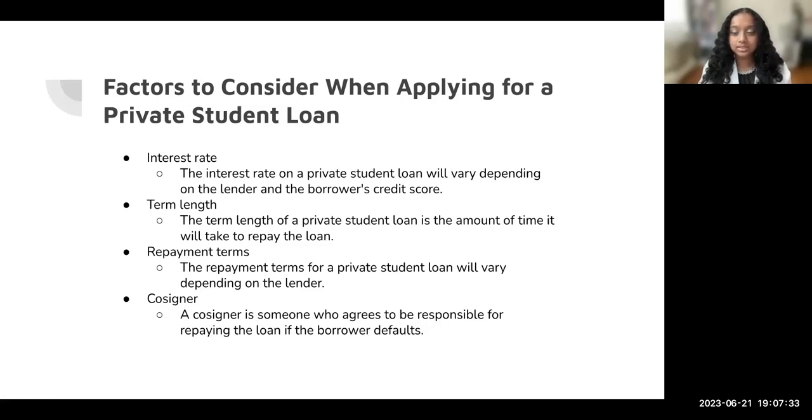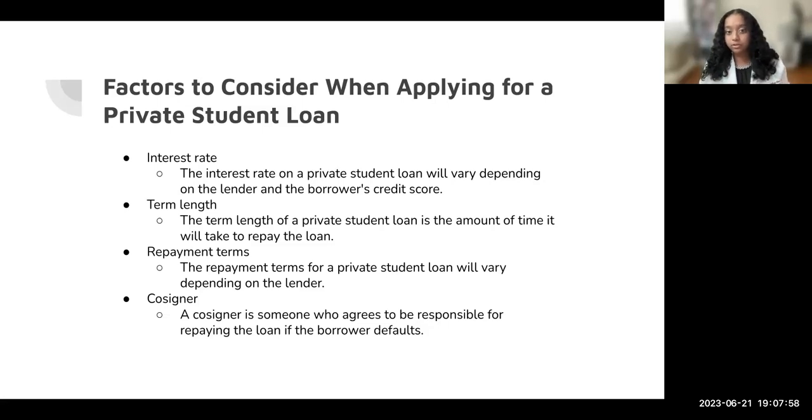So interest rate, this is something that's very important when it comes to you paying, because principal is the amount that you're borrowing, but to this gets added something called an interest rate. And that in total will determine what you're going to be paying back towards the full term of your student loan. So this interest rate depends again on which private student loan lender.